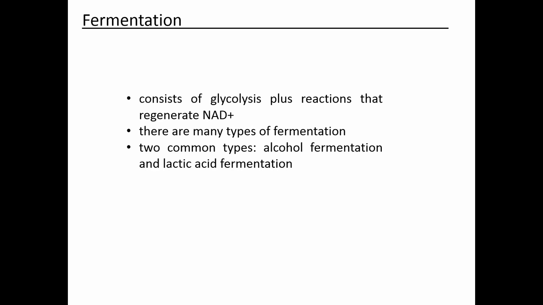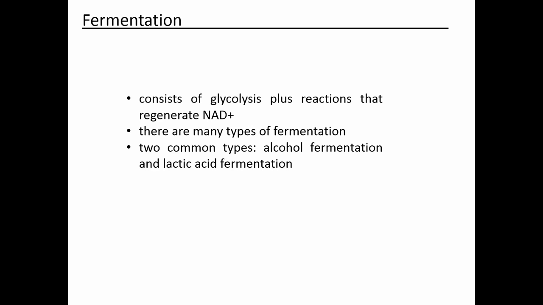Okay, and then what happens in this fermentation pathway, so glycolysis is the first half, and everything else I'm going to write on the board now is part of the second half, which is regenerating NAD+. So what's going to happen in this pathway is you're going to take the pyruvates that you make, and you're going to break each of them down, and each of them gives off a carbon dioxide molecule.